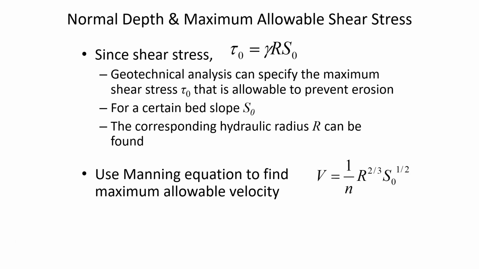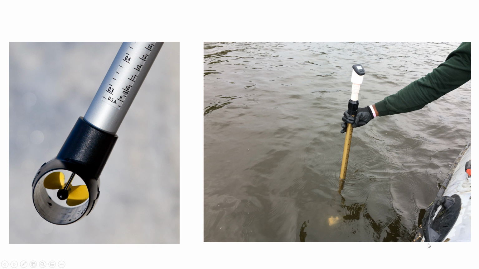Now, some of the ways that we can actually physically measure velocity: there are tools where you dip a pole down into the water, and you can see that there's an impeller at the end of this that will begin rotating, and then the speed of its rotation is calibrated to the velocity of the water that it's immersed in. And then here at the top is a little display that has calibrated the number of rotations per minute to the velocity of the water.